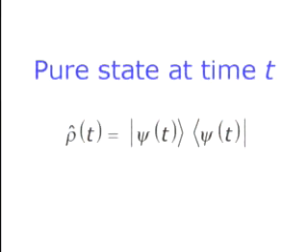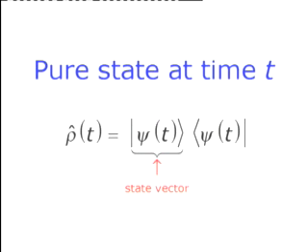Remember that a quantum system is said to be in a pure state when its density matrix takes the form ket psi, bra psi for some ket psi. Psi is then said to be the state vector of the system. And we often refer to the state vector as just the state of such a system.